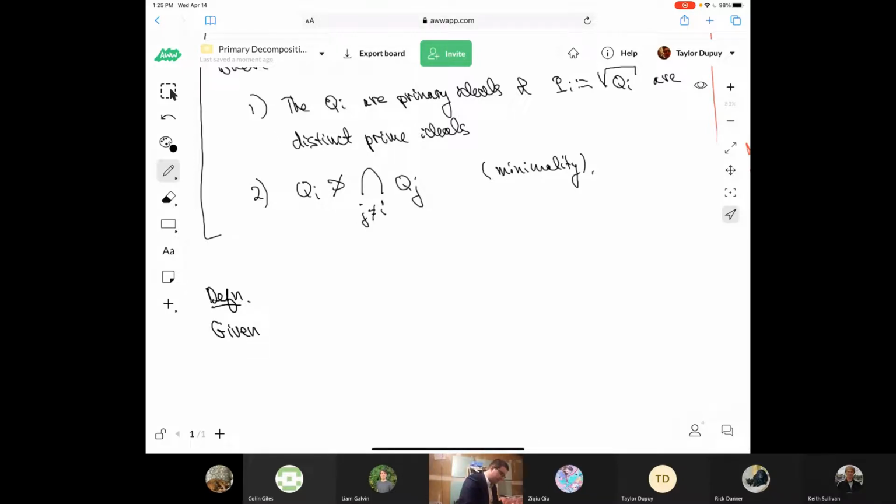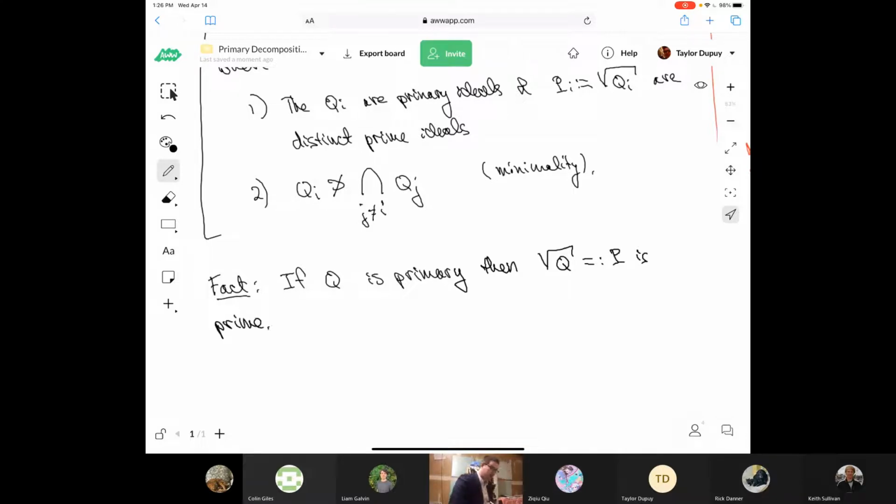So, a fact: if Q is primary, then the radical of Q, which we'll define to be equal to P, is prime. So it's a prime ideal.